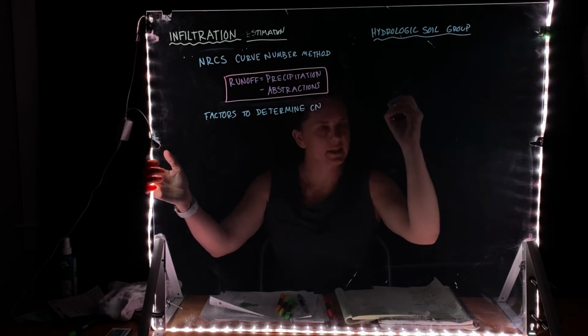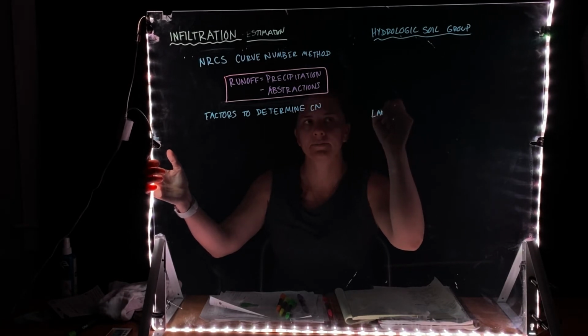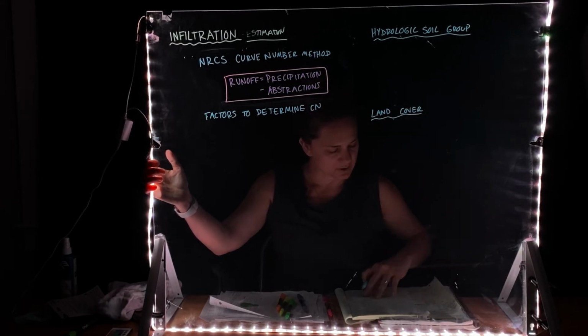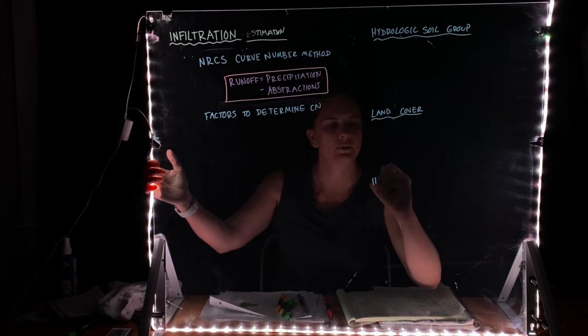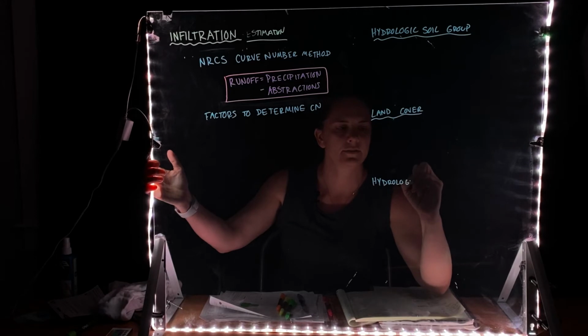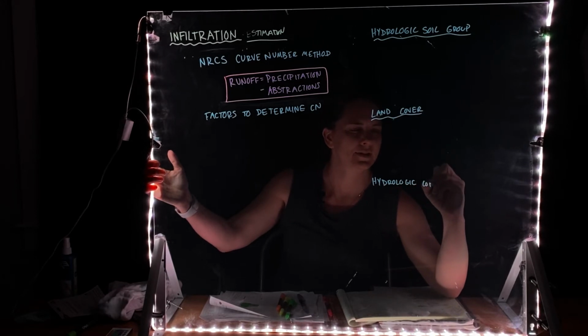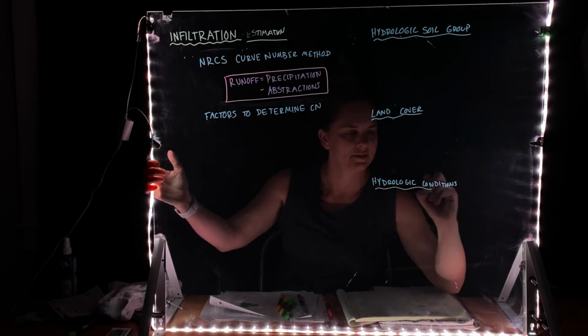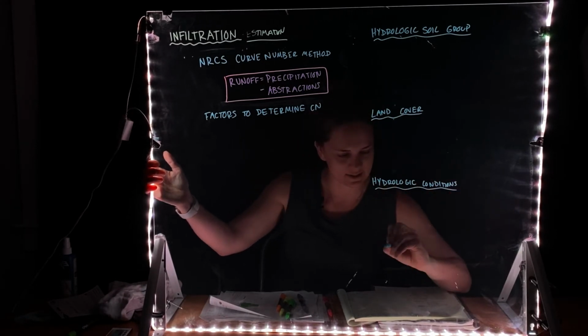The next one is going to be land cover. This is going to be considering the type of vegetation you have. Next one is going to be hydrologic conditions. This one is, to me, the most ambiguous. And then lastly, antecedent runoff conditions. It's a great word.